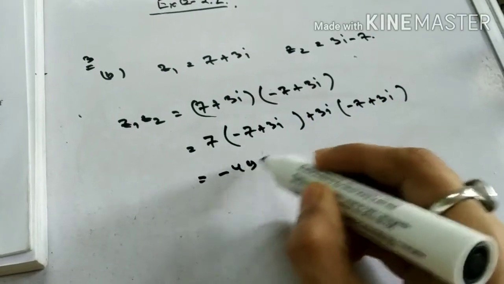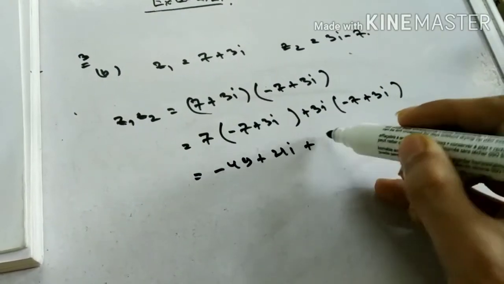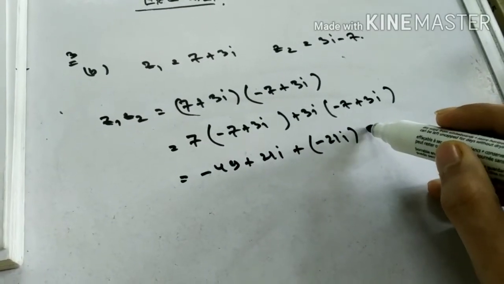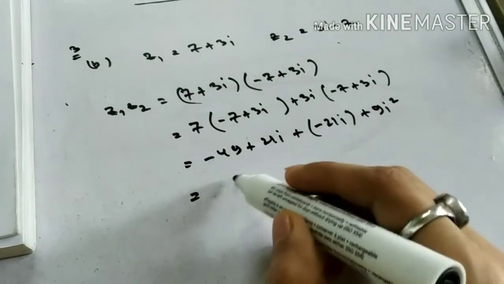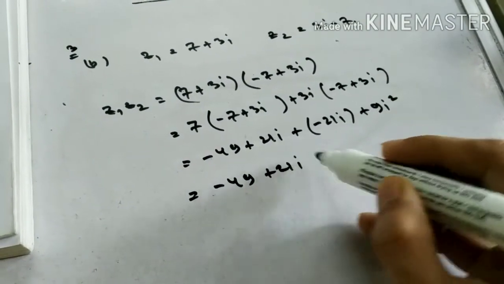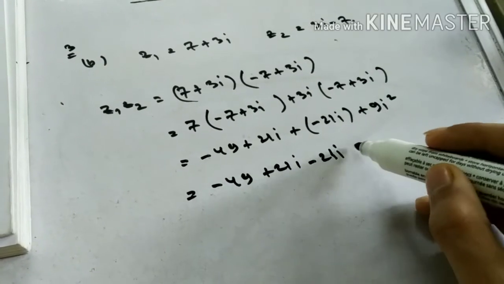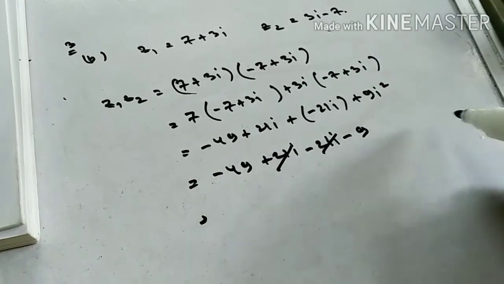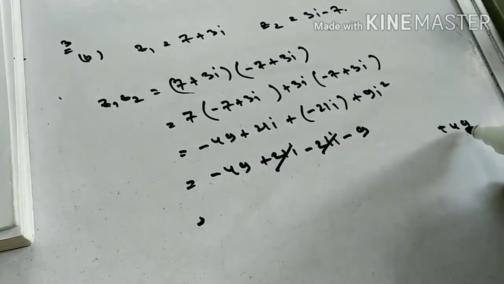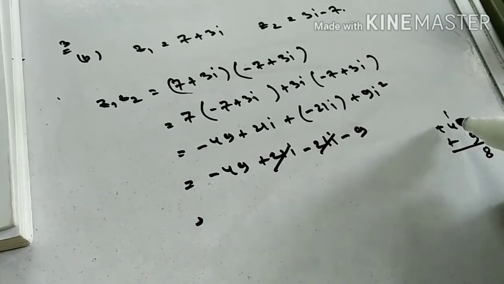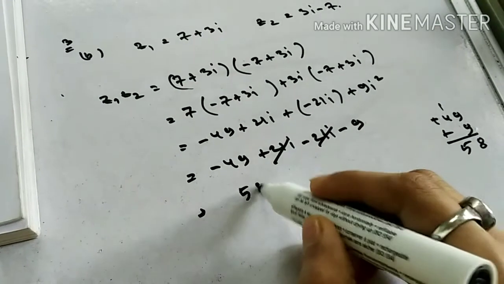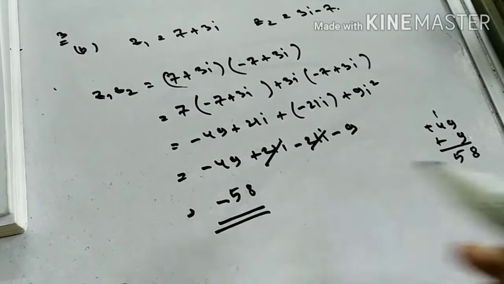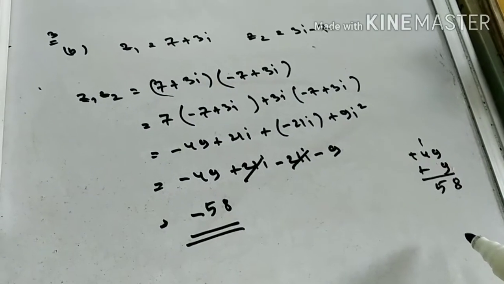So this is minus 49 plus 3 times 7, 21i, plus this becomes minus 21i, plus 9i squared. So this becomes minus 49 plus 21i minus 21i minus 9. So this and this will cancel out. Minus 9 minus 49 is minus 58. Minus 58i I will get.